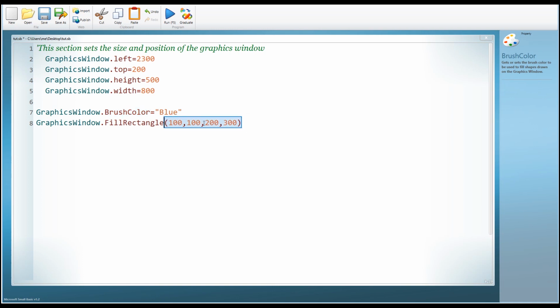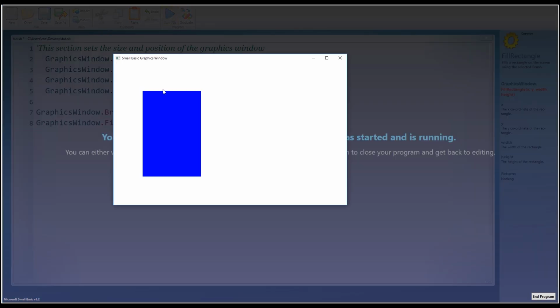These numbers here are the values for the fill rectangle method. So now I've done that, if I run the program, there we are, you'll see I have this vertical blue rectangle that's 200 across, 300 down, and this top left corner is where the 100 is.